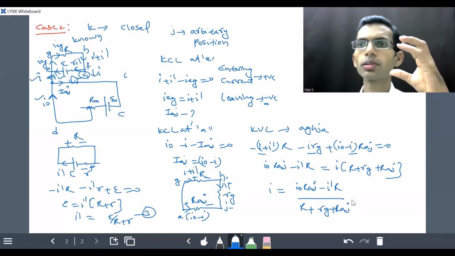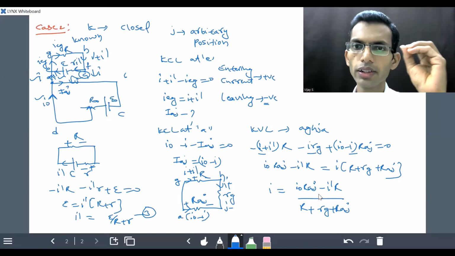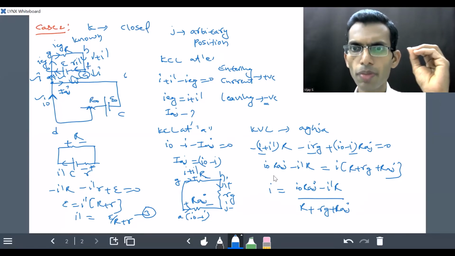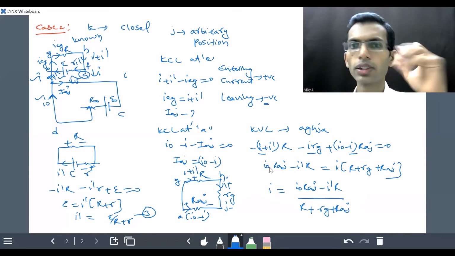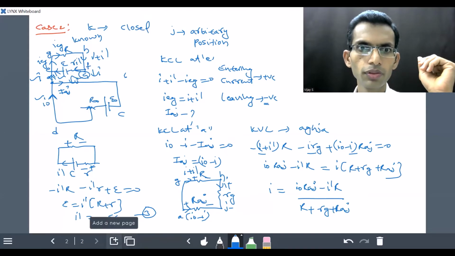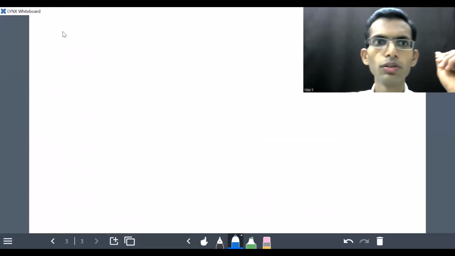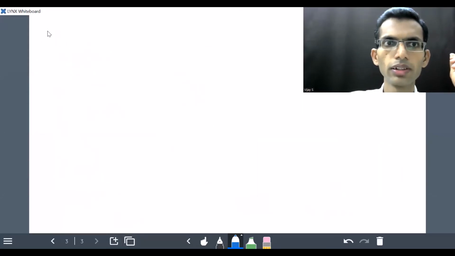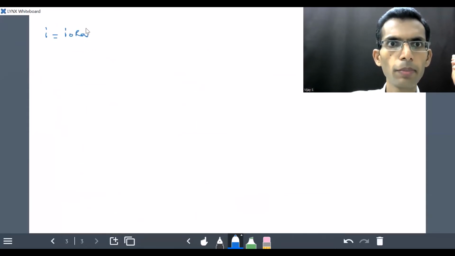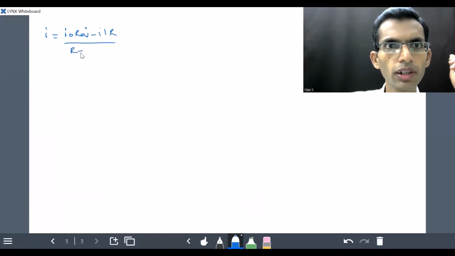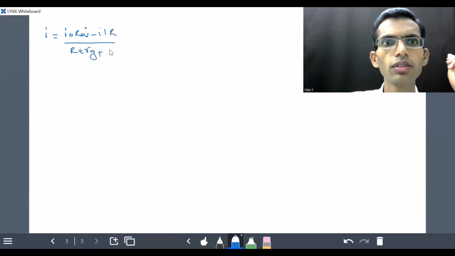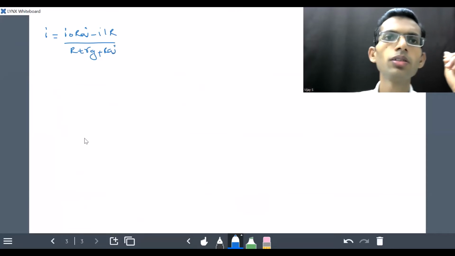So this is the current expression we got, right? Yeah. So let me move to the next whiteboard. So we obtain the current expression like this: I is equal to I naught RAJ minus I dash R by R plus RG plus RAJ. Right.